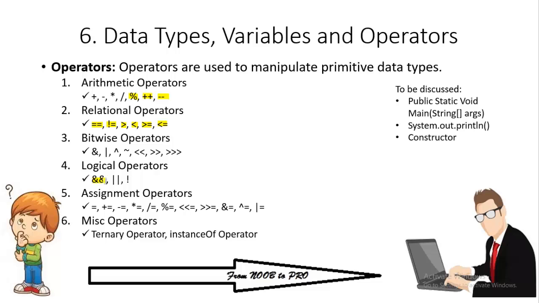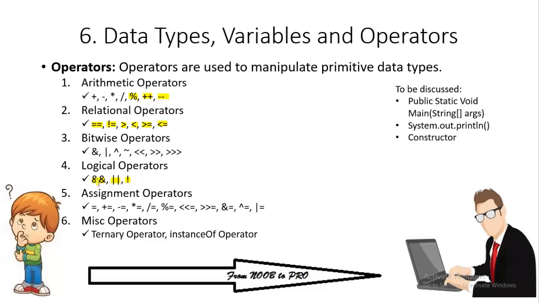So the ampersand is what we call and comparison, and this one we call or comparison, and this is the not comparison. So these logical operators are used on Boolean values. So a true and true will be true, but a true and false will give false, and a false and false is also false.